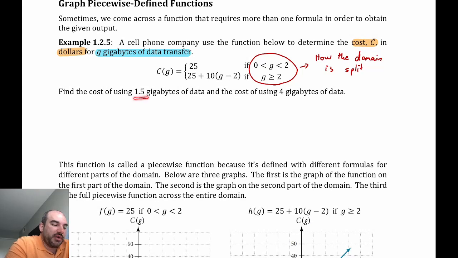Find the cost of using 1.5 gigabytes. So this 1.5 gigabytes is an input, right? So we need to figure out which one of these two pieces we're going to plug that into, because they're both pieces of the same function. 1.5 gigabytes fits into only one of these two areas, right? Which of these two, is it the first one or the second one, that the 1.5 falls into?